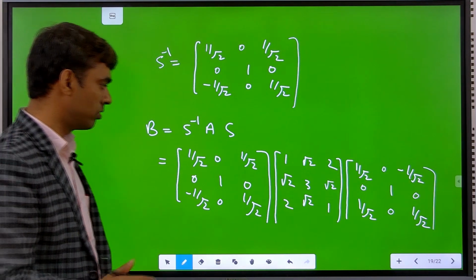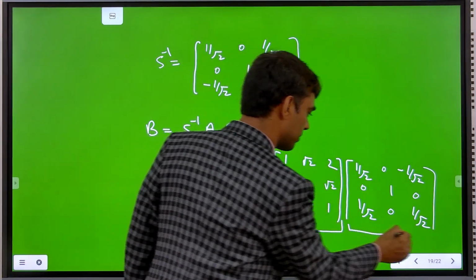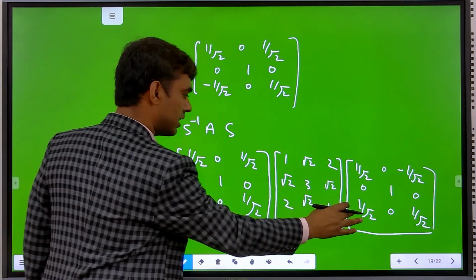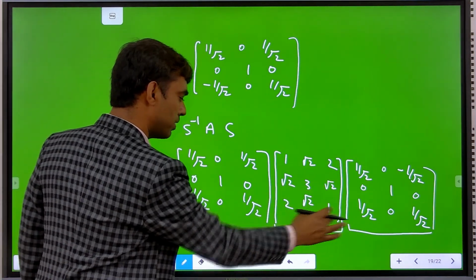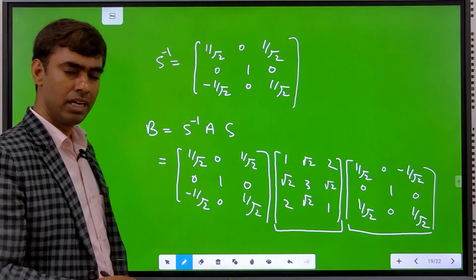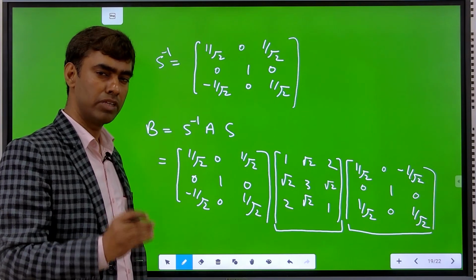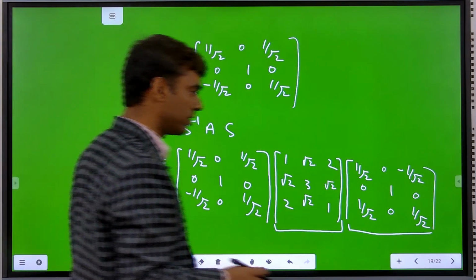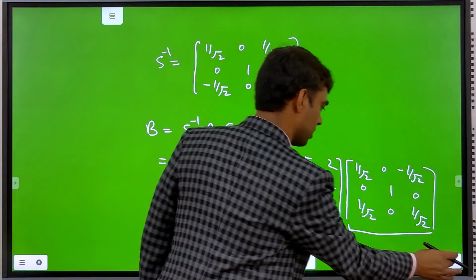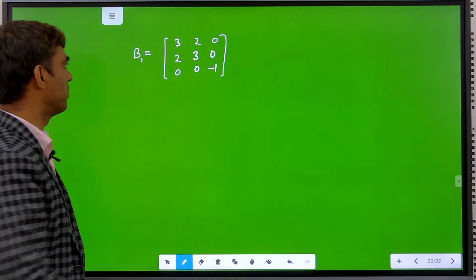Then what we will do? We multiply this matrix by this matrix, and we get a matrix, and again we multiply this matrix by this matrix, then we get a matrix. In order to save time, we already calculated the multiplication of these three matrices. This one is the value, this one is B1.